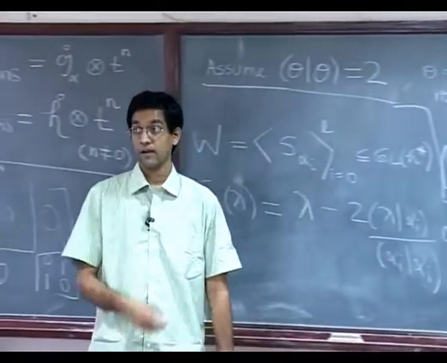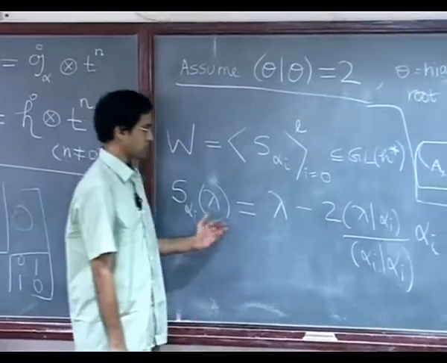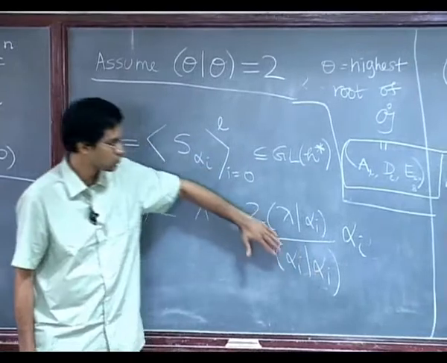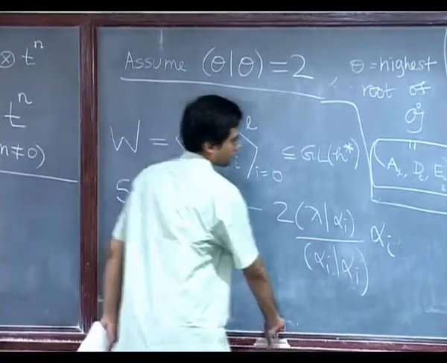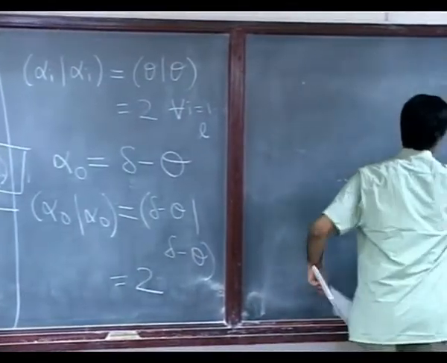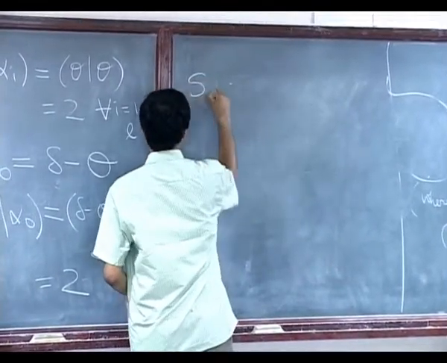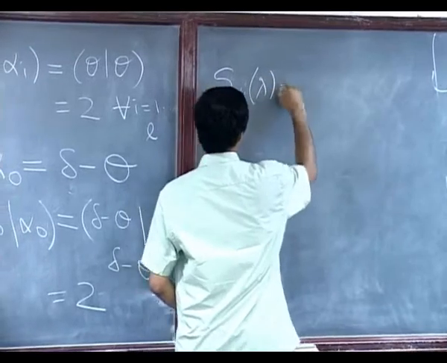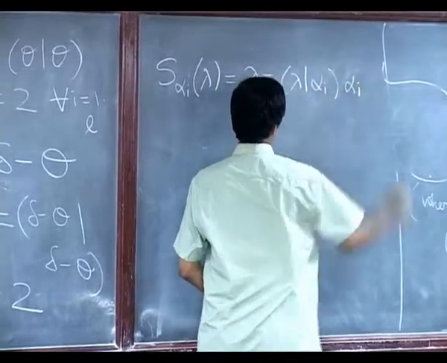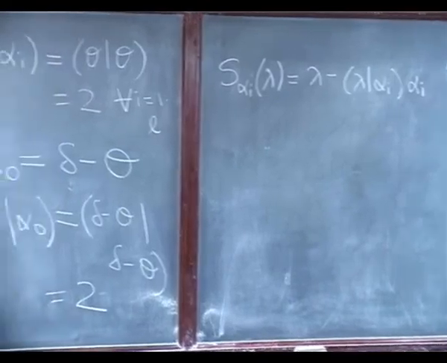So it turns out that even alpha 0 is a root of length 2, and so this reflection now makes sense for every one of the roots. And in fact, I can now simplify my life a little bit, because the 2's will sort of go away. So now my reflections look like this: observe S alpha i, therefore, is just lambda minus lambda with alpha i times alpha i, because I'm just cancelling the 2 on the top with the bottom.